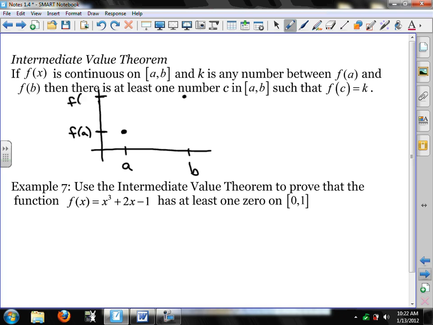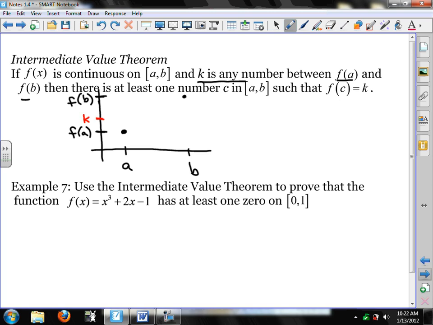We've got f of b. It says if we have a continuous function, there has to be at least one y value such that f of c equals k. So k has to be in between f of a and f of b. k is any number between f of a and f of b. So k would be maybe right here.